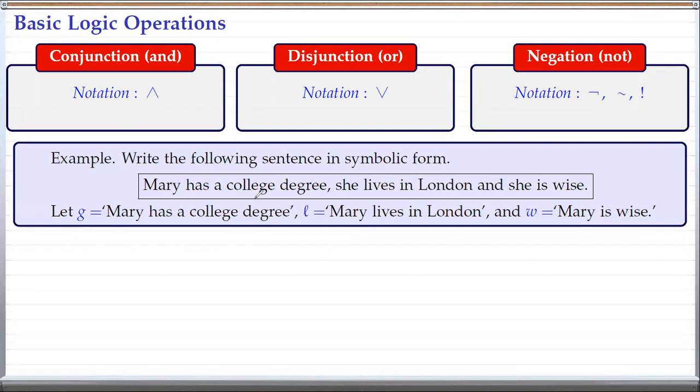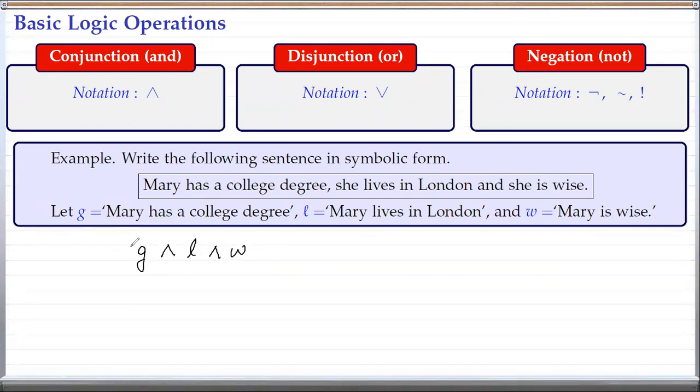So basically we are connecting all these three statements with and, then it will look like G and L and W.